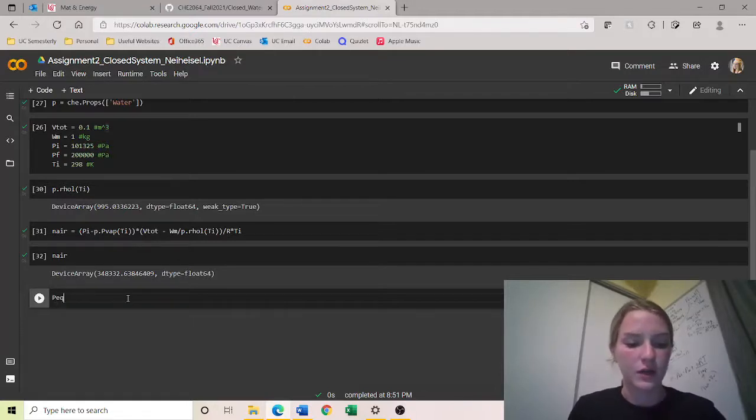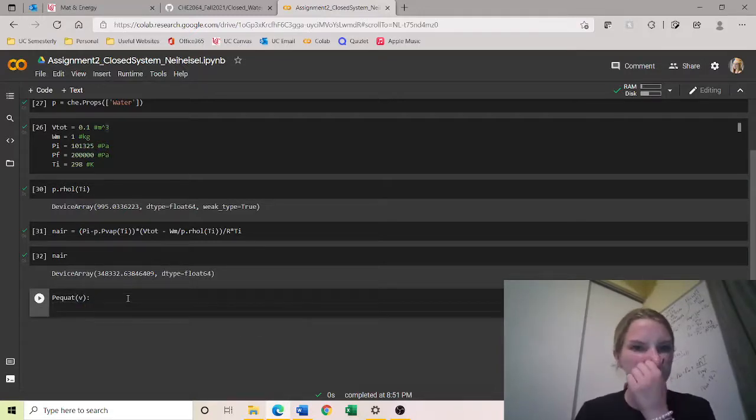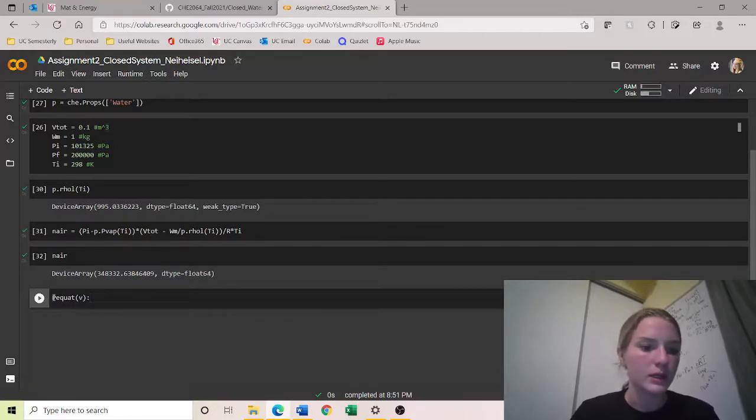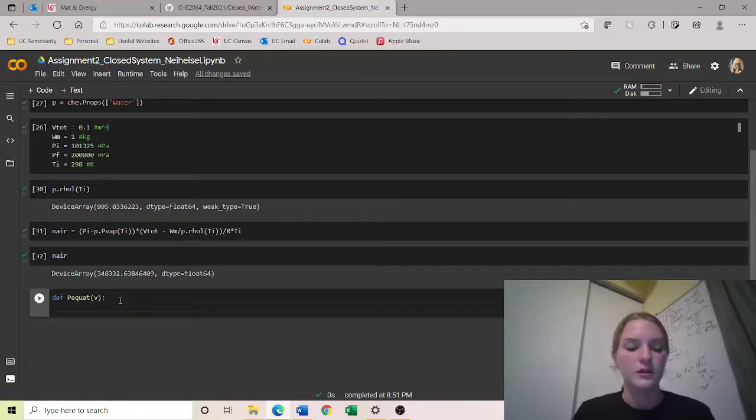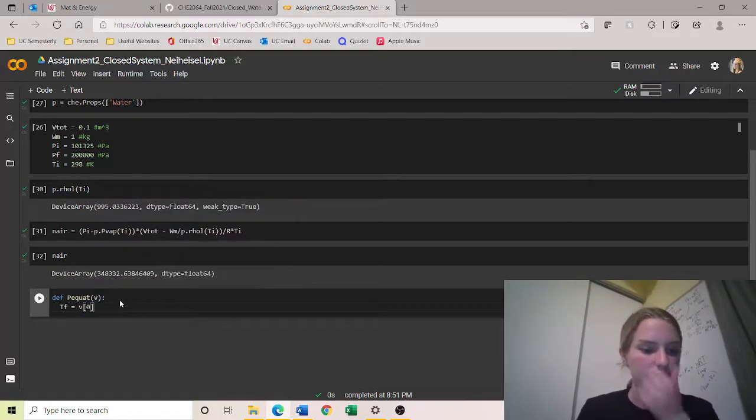Okay, so now we are going to solve for the pressure. So we are going to have the equation for pressure, and we are going to make this a vector. We need to define this. All right, so we are going to have the final temperature, and the vector is equal to 0.